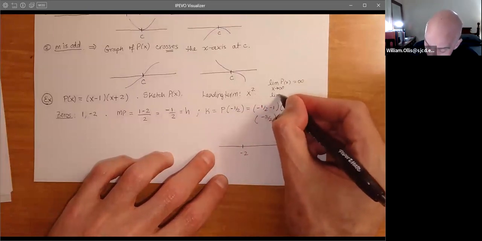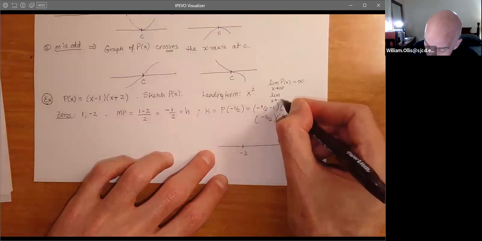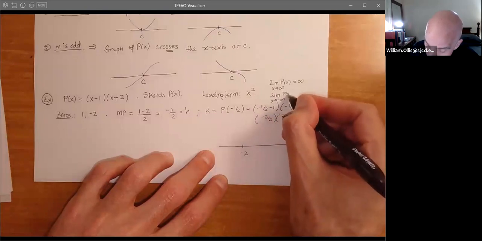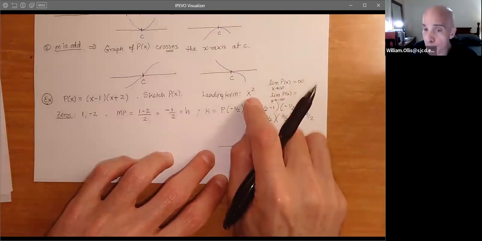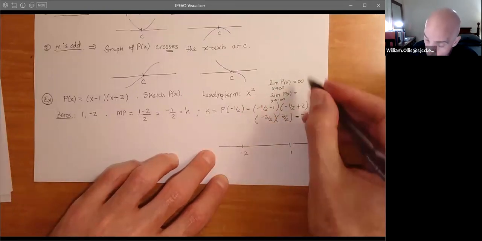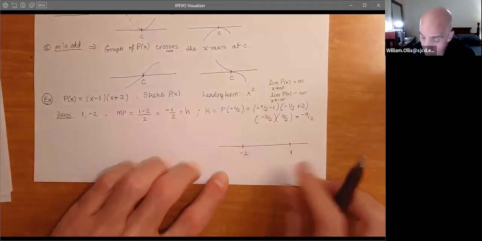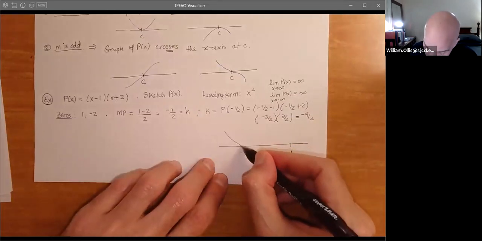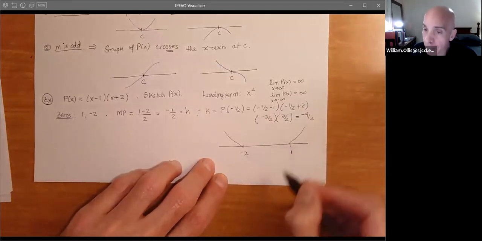And then the limit as x approaches negative infinity of p of x. Again, substituting a value less than 0, the negative is absorbed, so we still get infinity. So we know on either end, we're doing something like that.